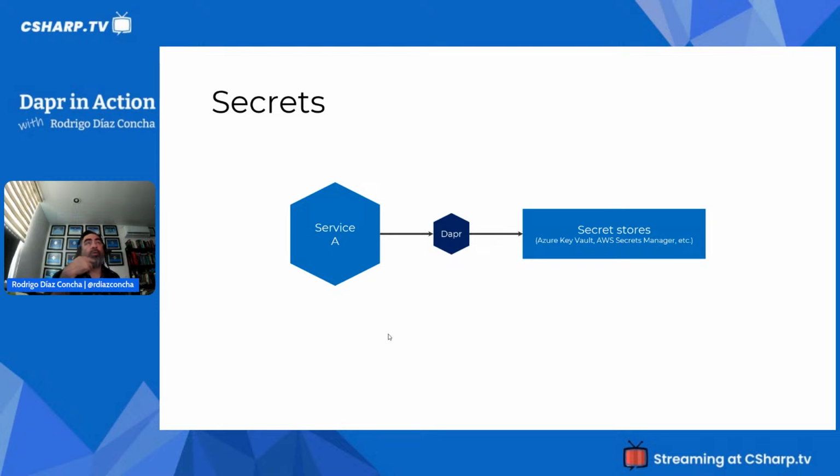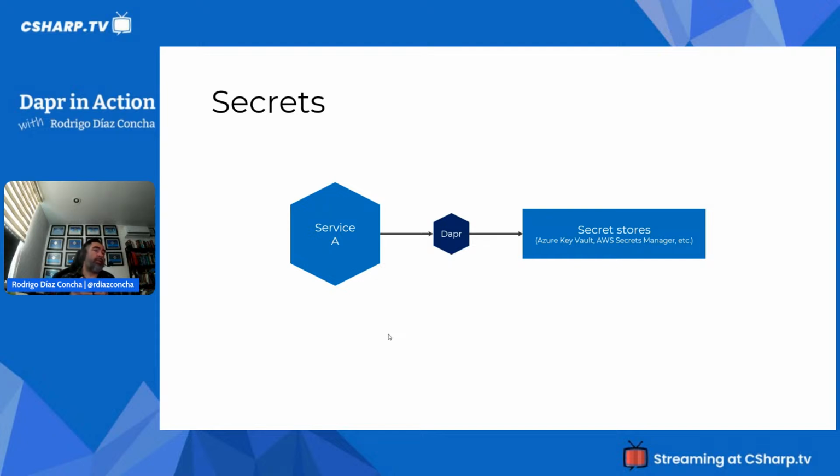So you don't need to worry about referencing NuGet packages or libraries in your application and use those APIs to get and manage the secrets. This is congruent with the additional building blocks that we've seen in this series, since you only need to communicate to the Dapr sidecar, and this piece of code is going to communicate to the secret store that you configure.